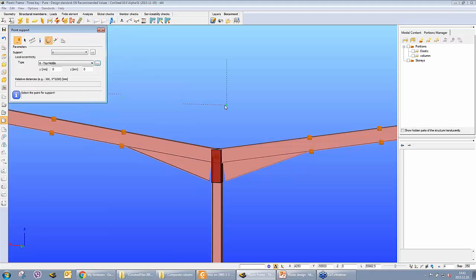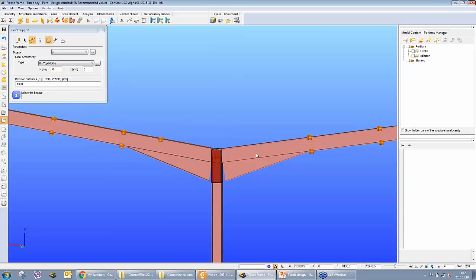So now I have to choose the top flange here. Okay, and let me say that we put it at a distance of 1 meter and 1.3 meters from this end.